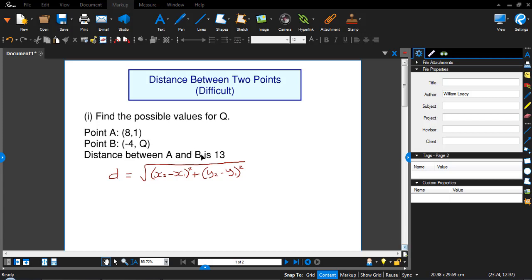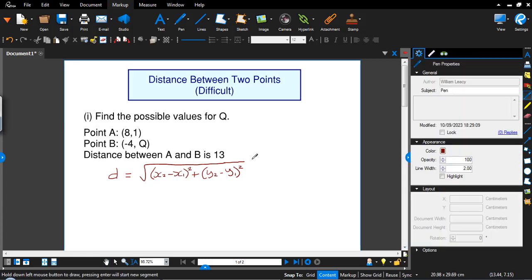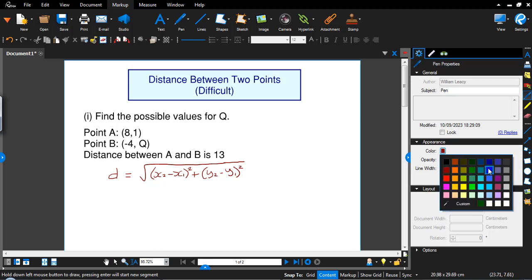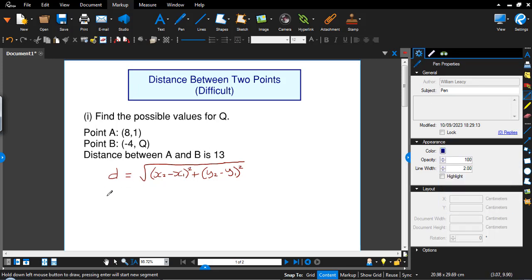We are told that d is equal to 13, so we can use that down here. Just fill in what we have. So 13 equals the square root of, and you can call these x1, y1 and x2, y2.